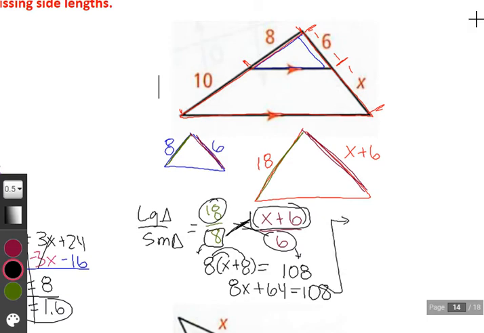Okay. So we subtract 64 on both sides. So 108 minus 64 gives us 44. Divide both sides by 8, and we get 5.5.